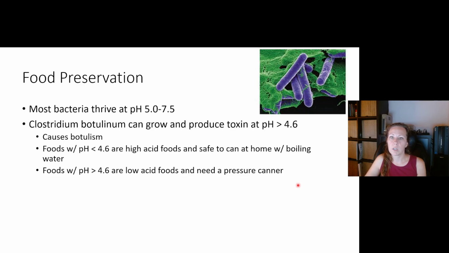And that's for a specific period of time, which is going to vary based on the food and what the exact acidity is of the food and that food's properties. And there are tables that you can look up.